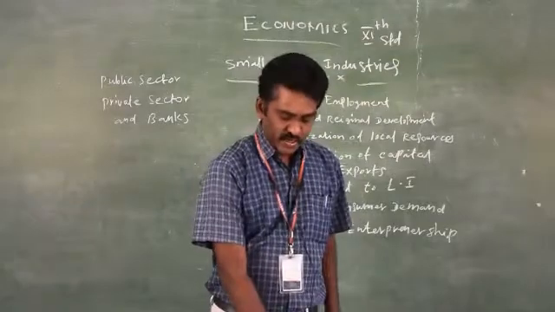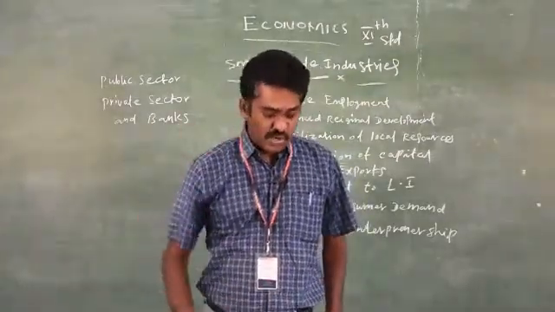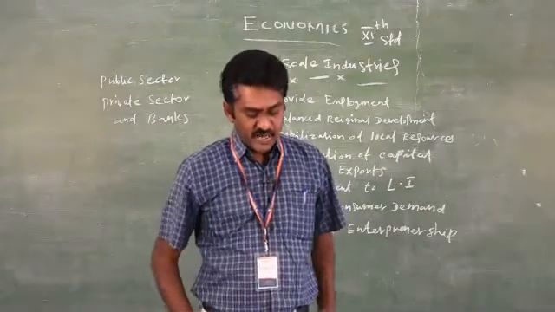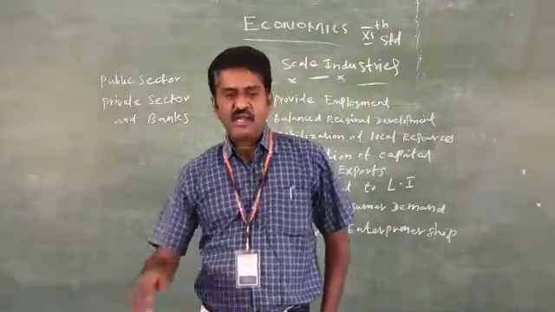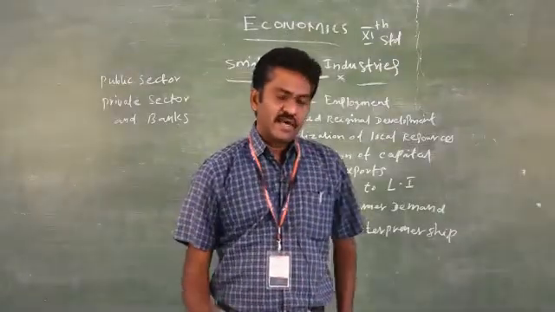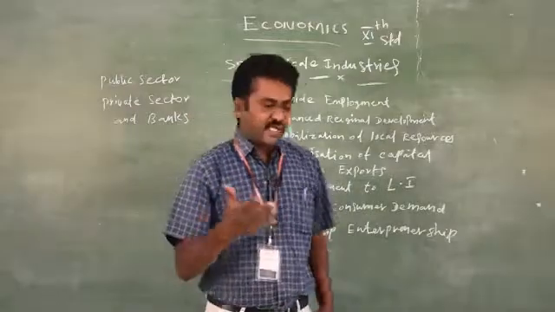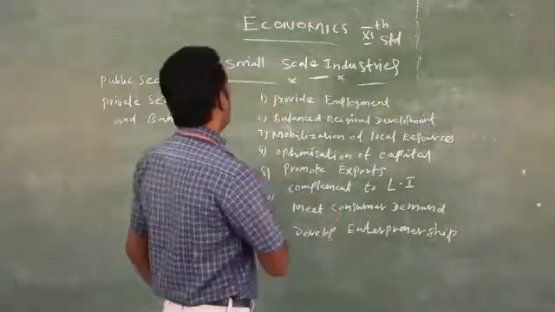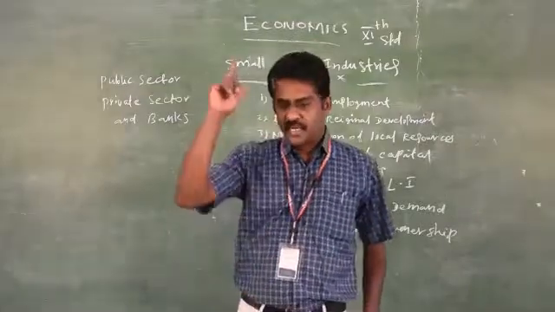So I hope that this class is enough. Next topic, we are going to continue with India's five-year plans. So far in this class we have covered the economy before and after independence, large scale industries, and the industrial policy.